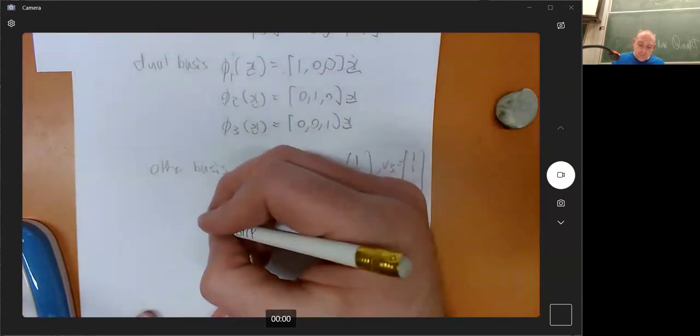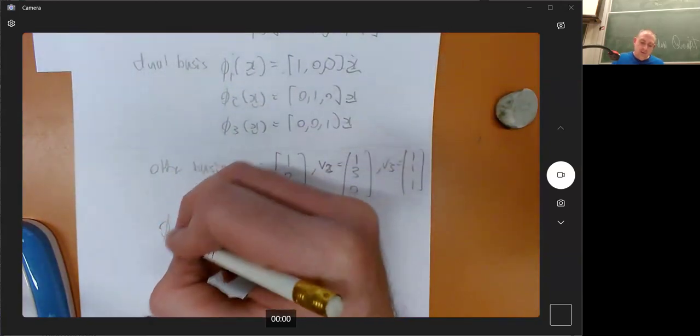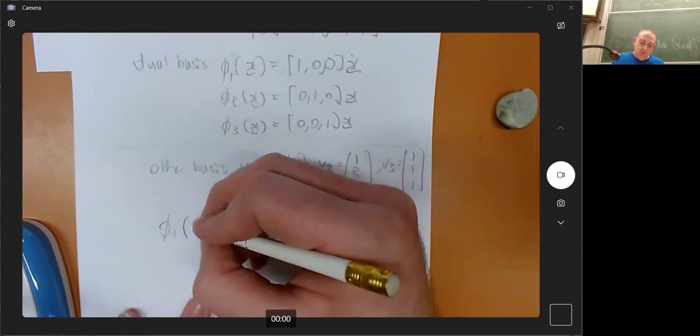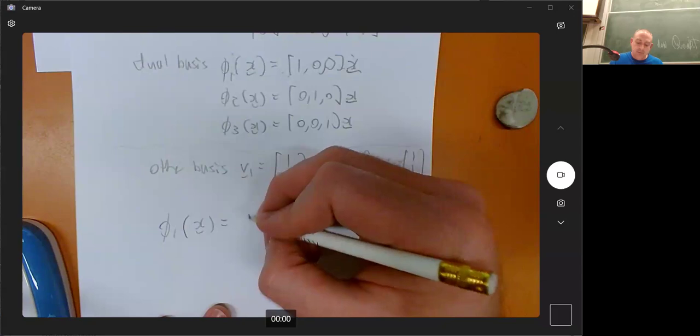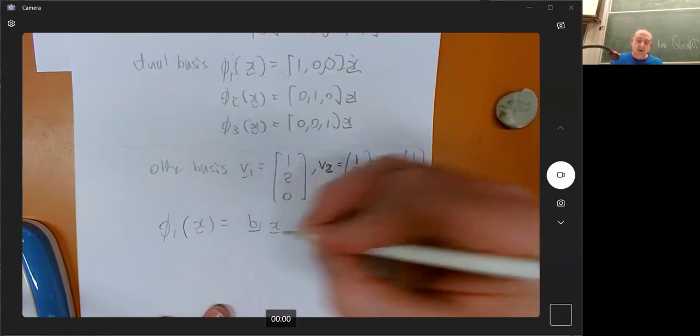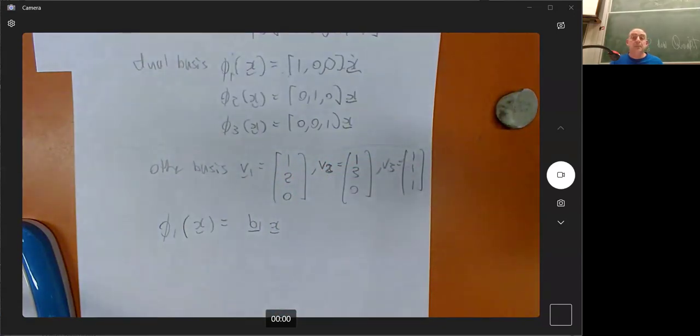So phi1 of x will be some row vector B1 times x, right? That is definitely true. That's how it works. All linear transformations that go from R somewhere to R somewhere else can be written using matrices.